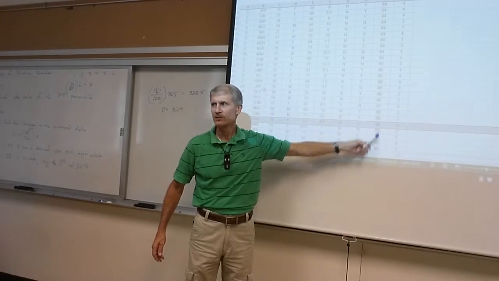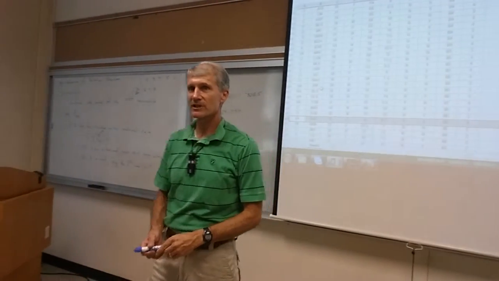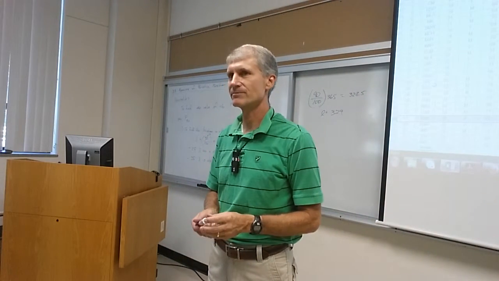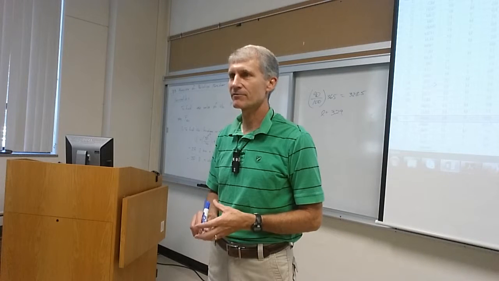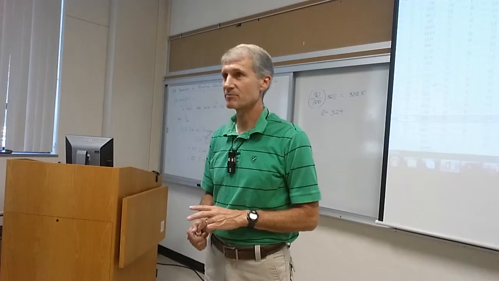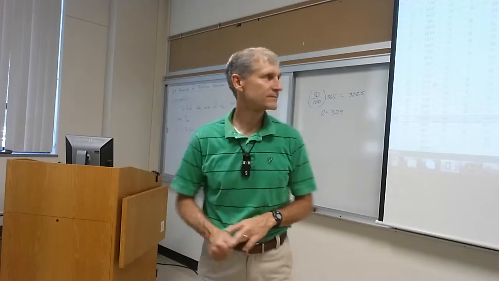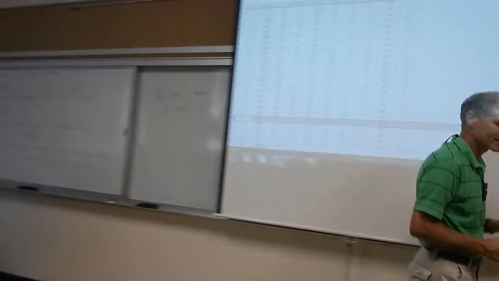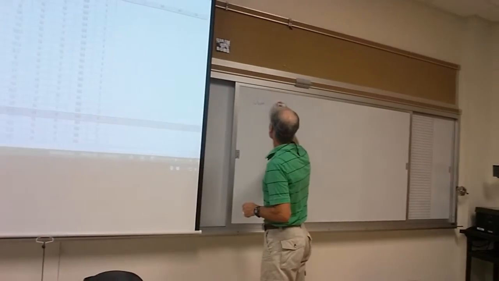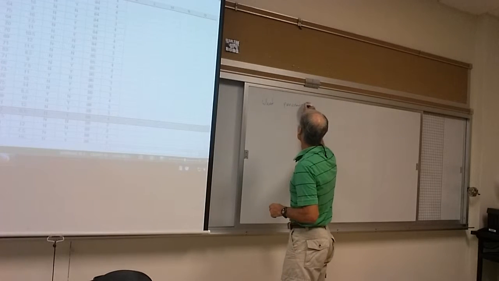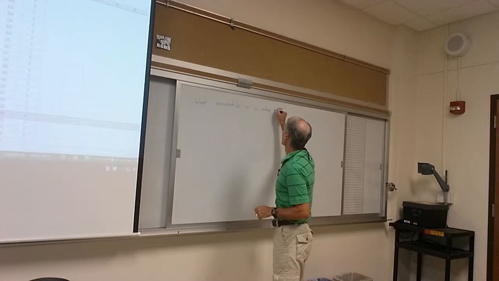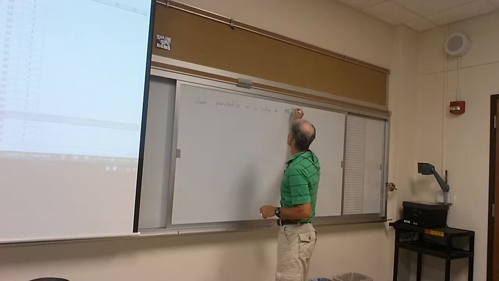So the 90th percentile of resting heart rate is 88. 90% of the population should be at or below 88 beats per minute.